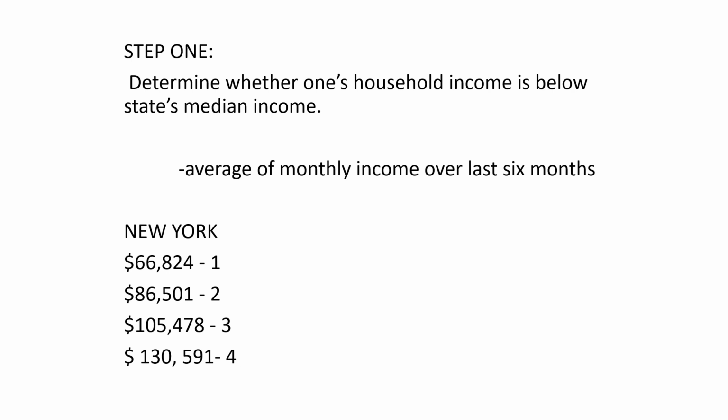So step 1, the first part of the means test, checks whether your household income is below the state's median income. And each state has a different median depending on what the bankruptcy laws say at that time. This number will change. I don't think it changes annually, but it does change regularly.